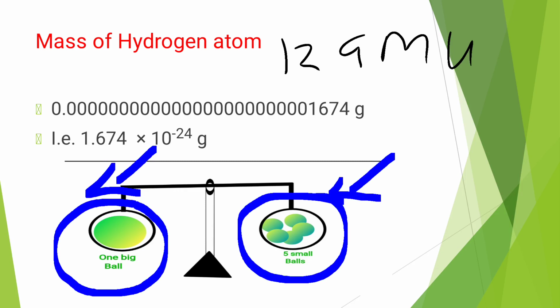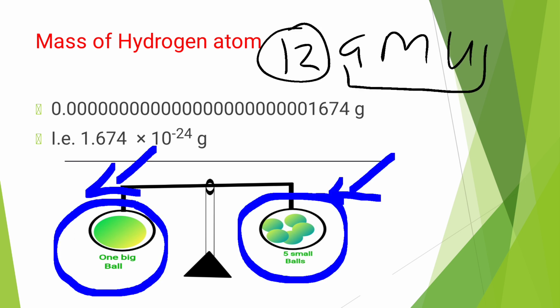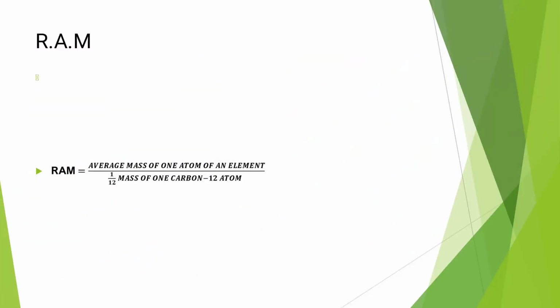That is to mean that its mass, which is given in atomic mass units, is taken to be 12. So all the other masses are usually measured relative to it. And that is now what brings about the relative atomic mass.